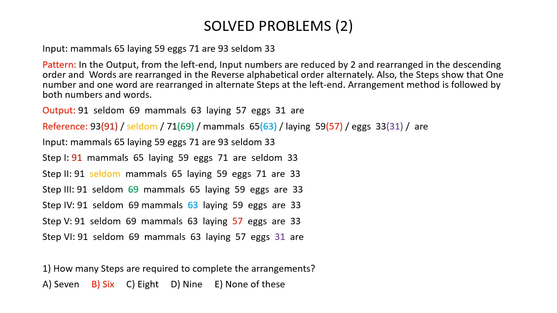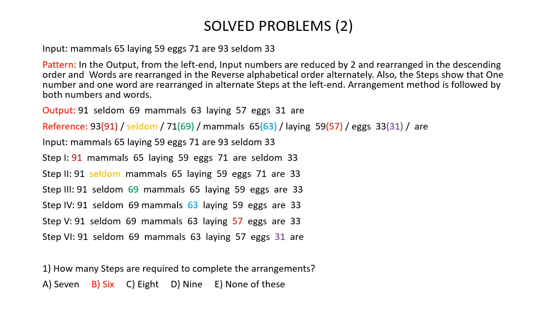Now this is the input which consists of both words and numbers. Now the first element in the reference is 91. So in step 1, write 91 in the first position from the left end. Now 91 is got by subtracting 2 from 93. Now the rest of the input elements are written as they are in the same order in step 1.